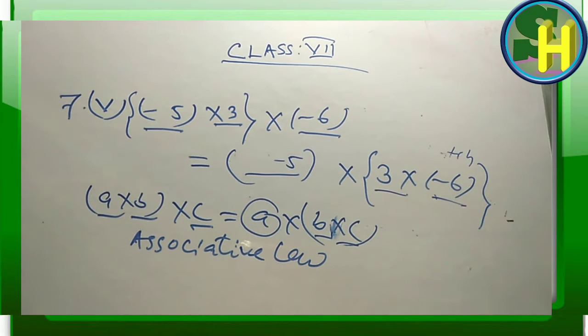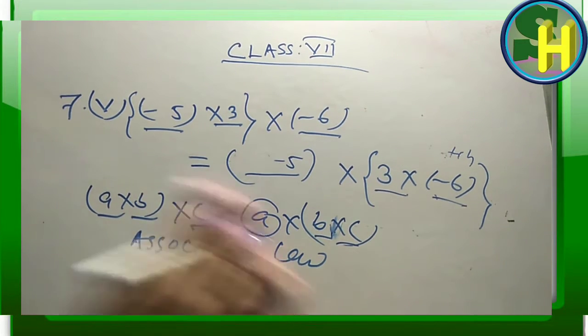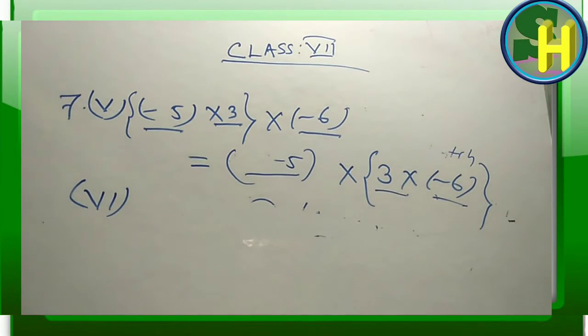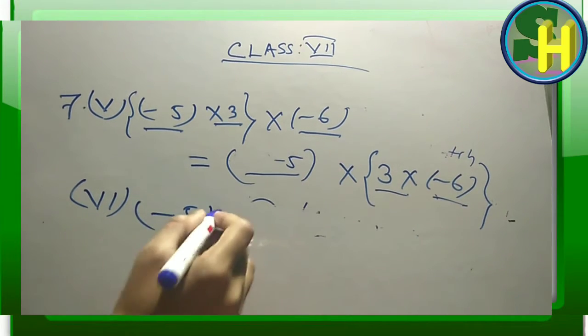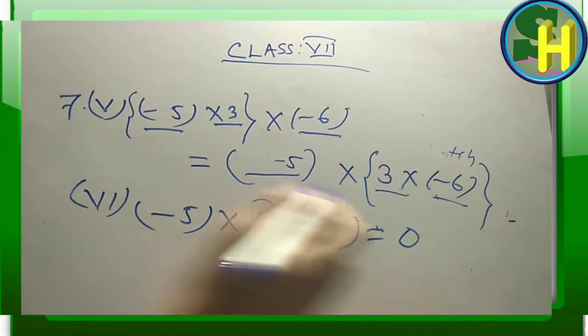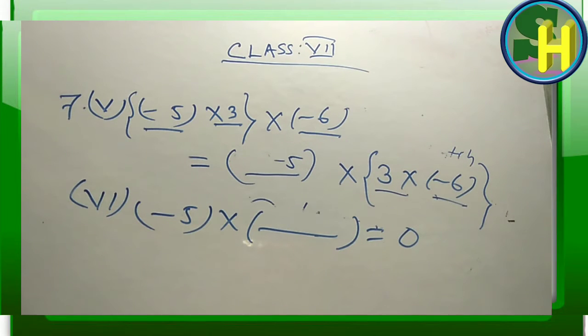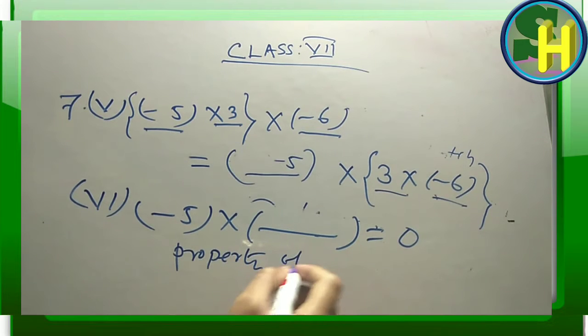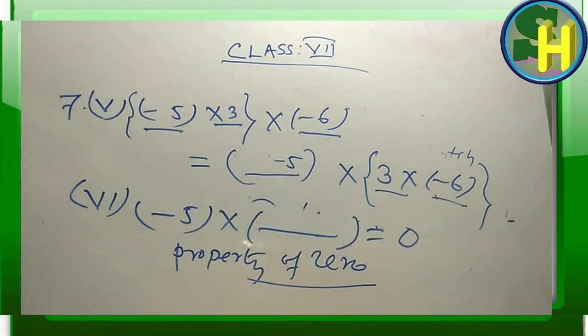Next is question number 6: -5 into dash, and we are getting 0. Clear? Any number multiplied with a number getting 0 means this is a property of 0.